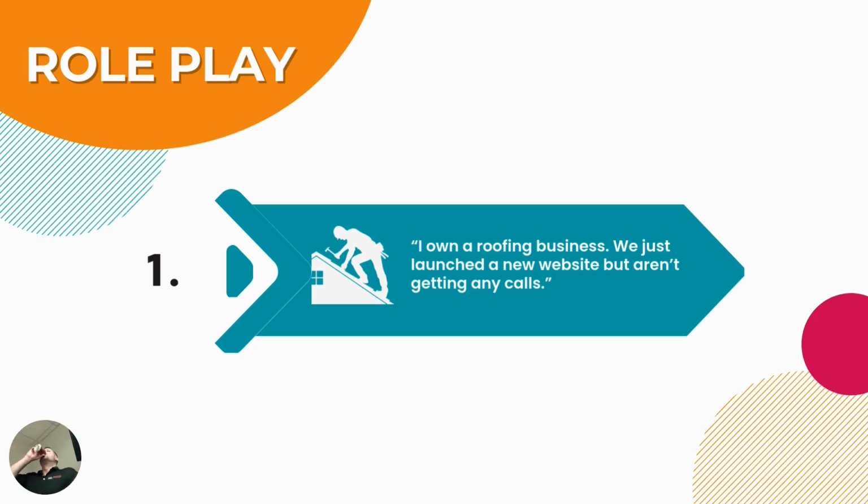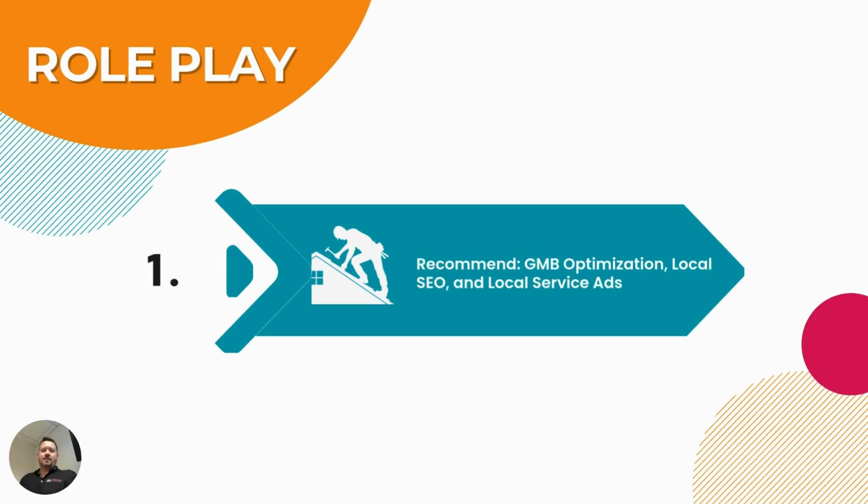Do you have a Google business profile? Yeah. How many reviews do you have? 83. Local service ads, Google guarantee. Very good. The only thing you didn't include was the local SEO component, but everything else is good. GMB, local service ads, good job.